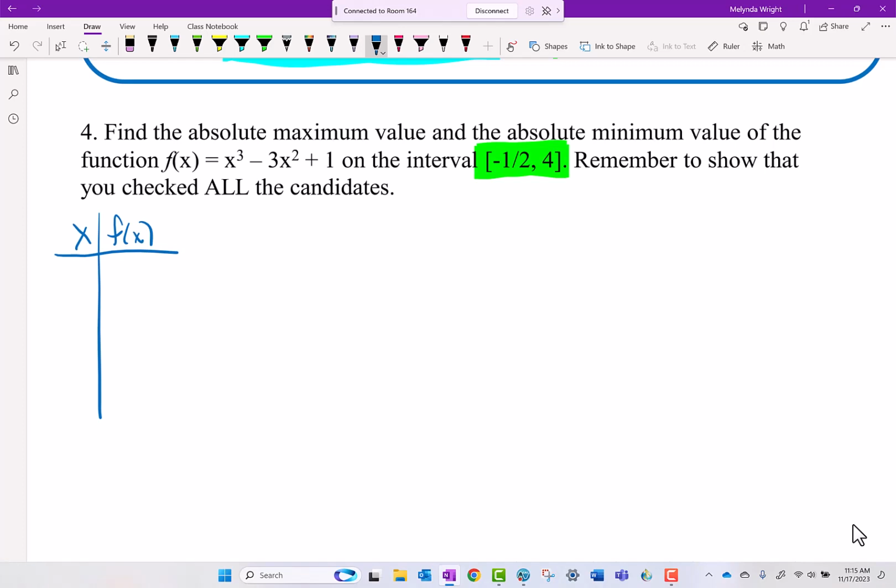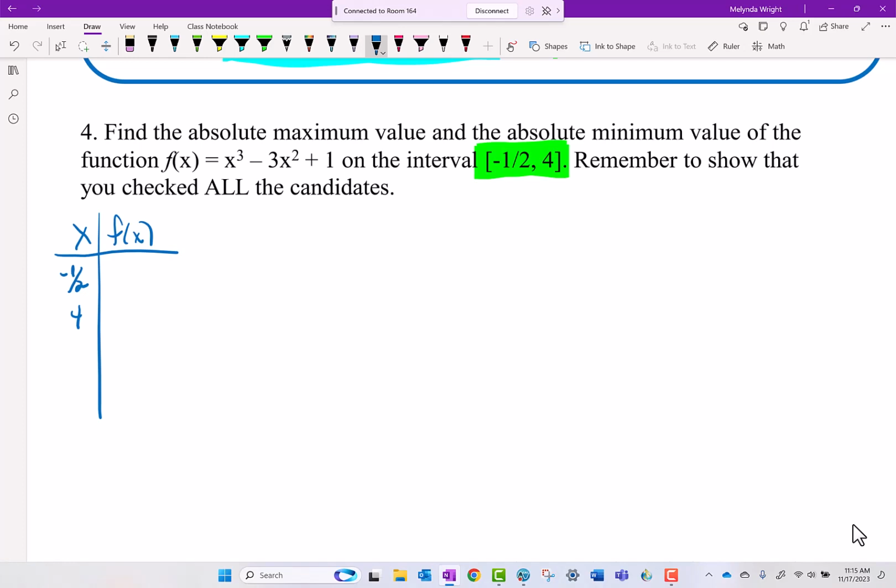I know that the endpoints are candidates, so I'm going to write them on here: -1/2 and 4. And to find the y values, we're actually going to go to a calculator, and I'll show you another thing that would be helpful. Okay, so I need my critical numbers.